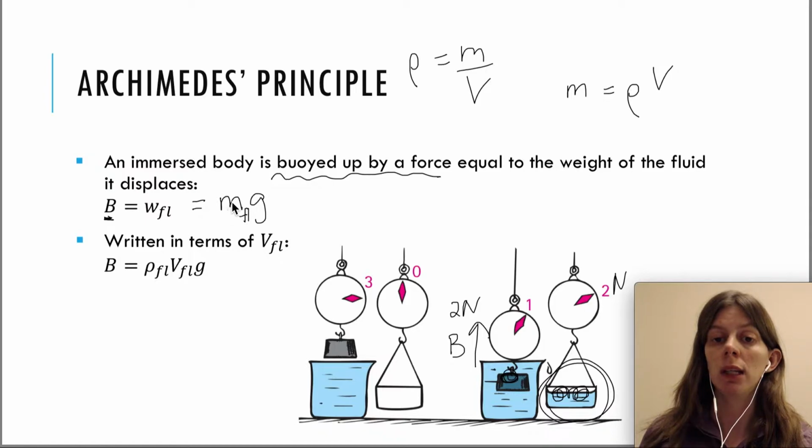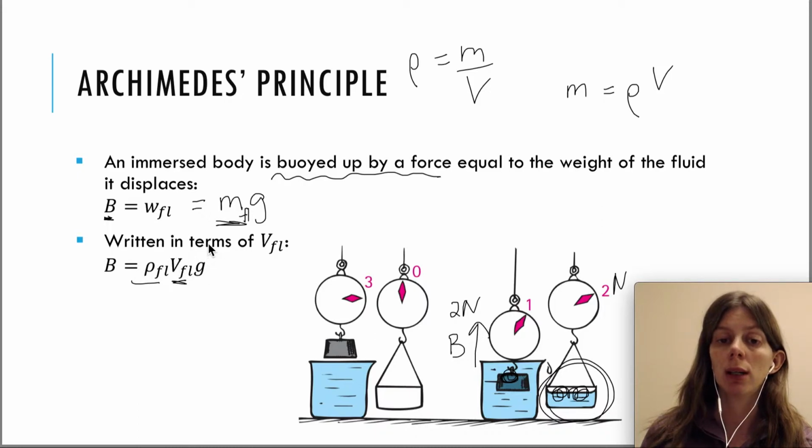So if you replace mass by density of the fluid times the volume of the fluid displaced, that's the mass of the fluid displaced. So B, the buoyant force on an object that is placed in water, is always equal to the weight of the fluid displaced, which is equal to rho fluid, V fluid times g.